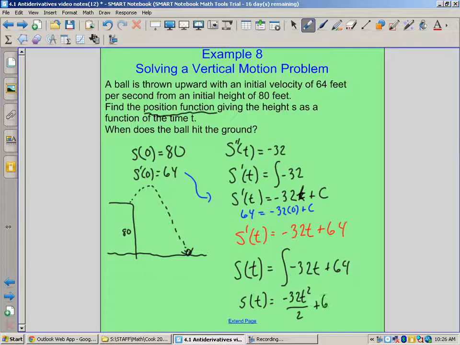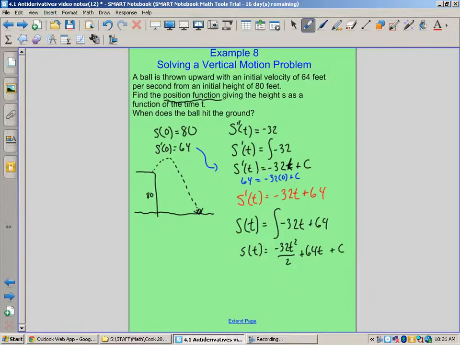If I divide negative 32 by 2, I get negative 16. So s of t is negative 16t squared plus 64t plus c.